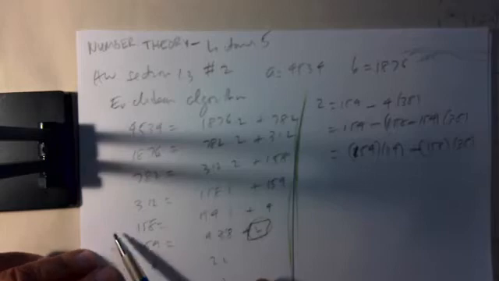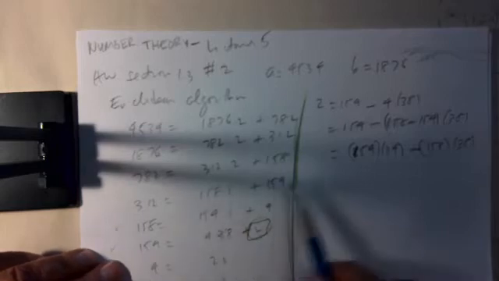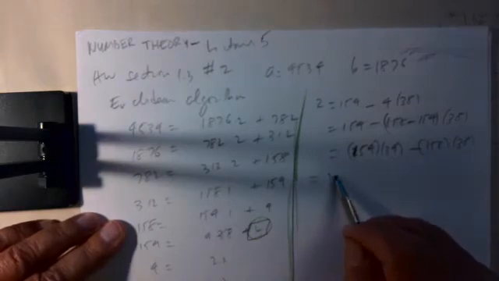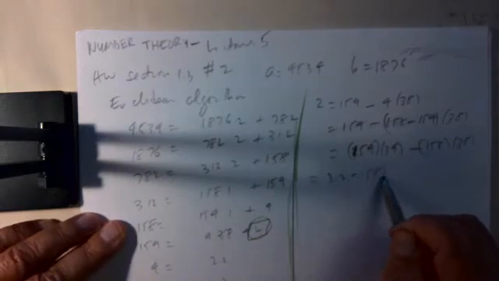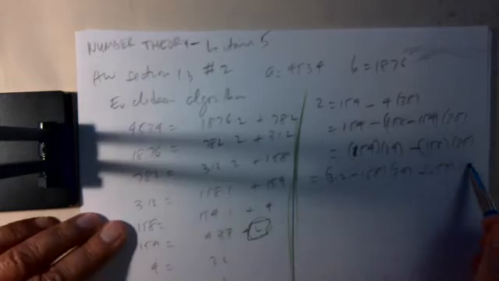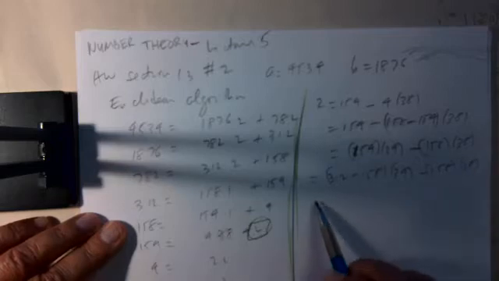So let's see, I've used this equation and this equation. According to this, 154 is 312 minus 158. So what do I get?